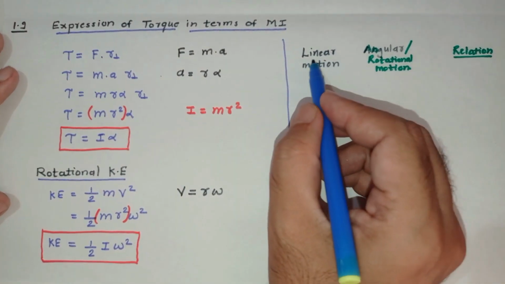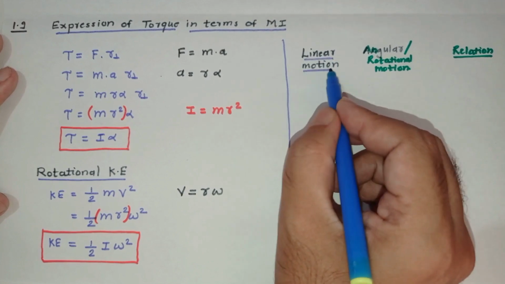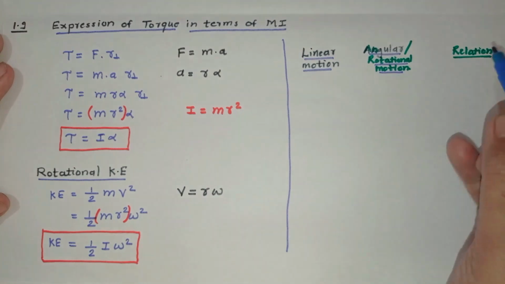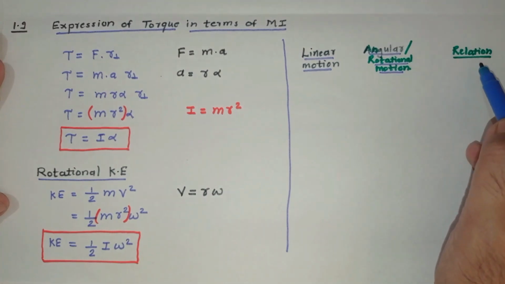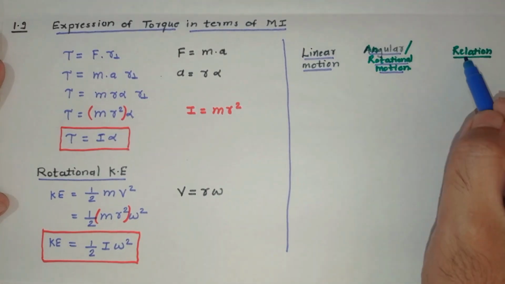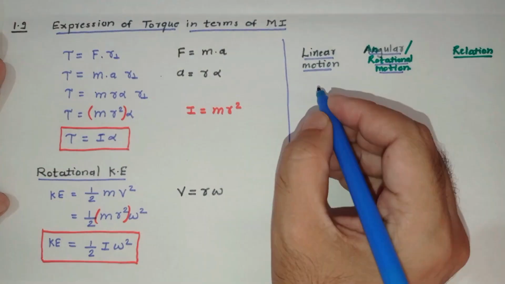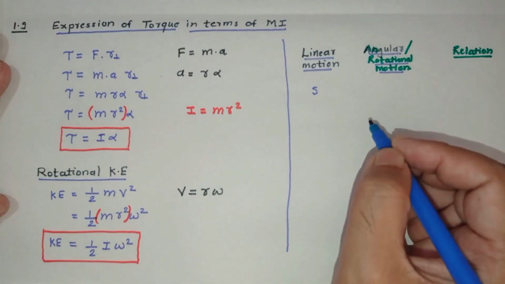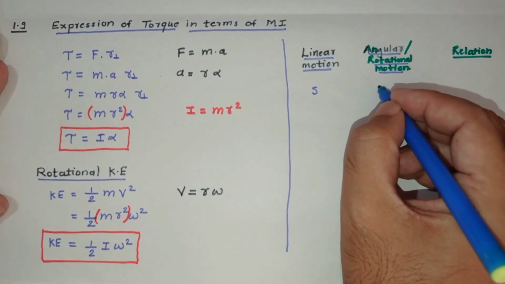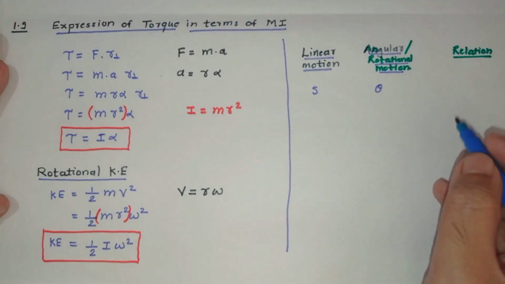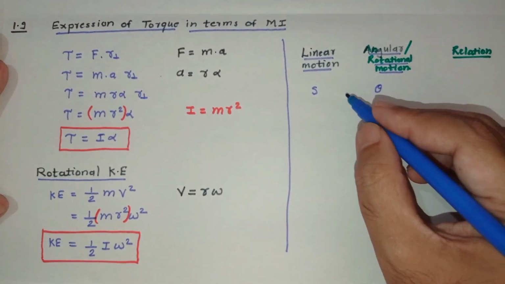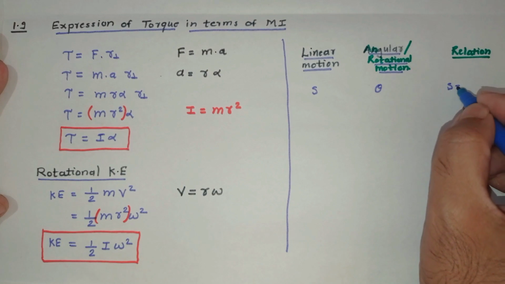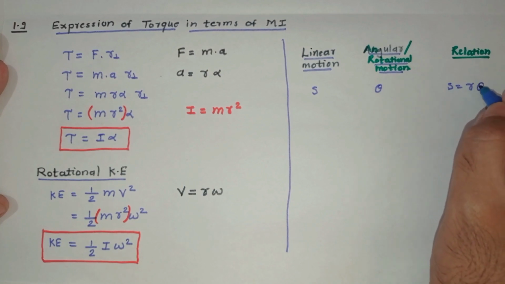There is linear motion and angular rotational motion, and the relation between this linear motion and angular motion. Linear displacement is given by s, angular displacement is given by theta. Linear displacement is equal to r into theta.